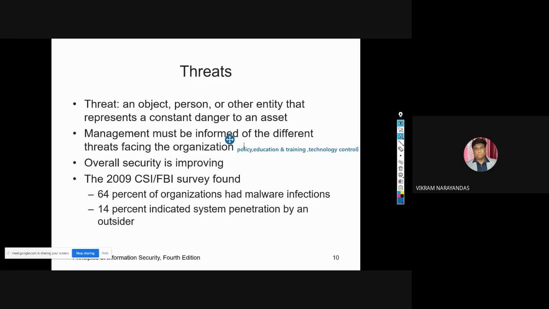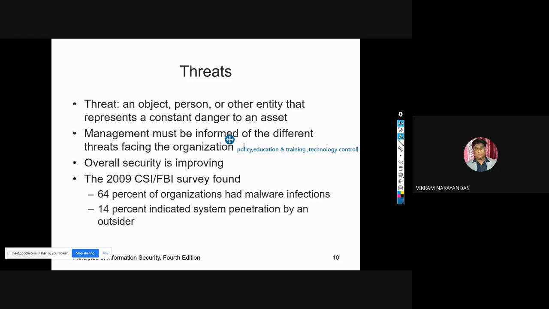Like that, I can provide security for my information, and security for my network with the help of network security. So what are the technology controls I'm using to provide security for my organization? So management protects information through policies as well as education and training, and technology controls.